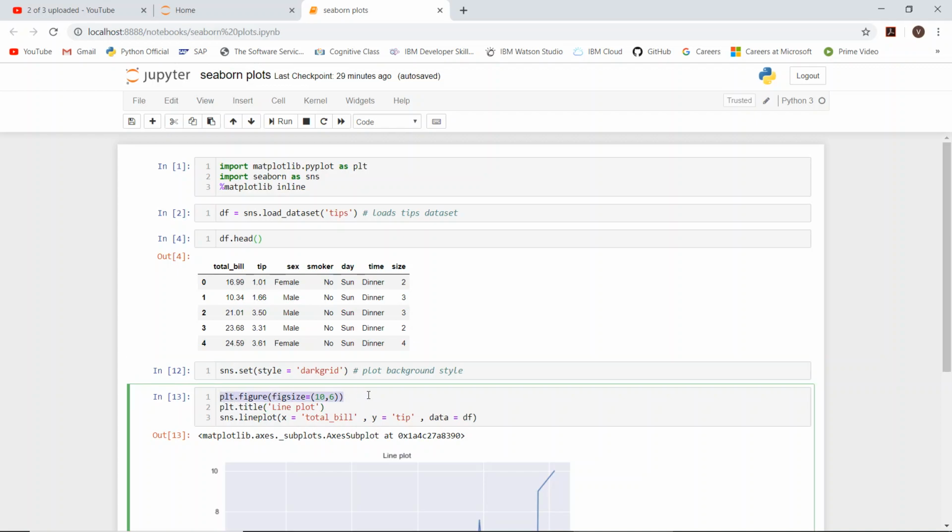That means the plot size was set, and then this is the plot title. The plot title we had already given. This we need to give now, scatter plot. Remaining everything is the same.